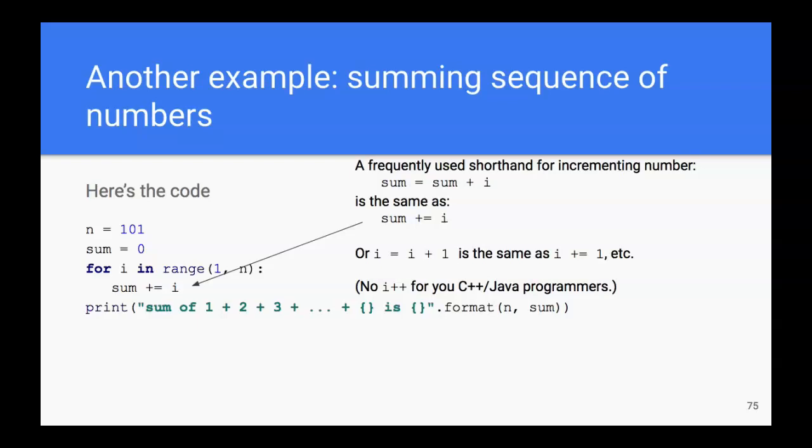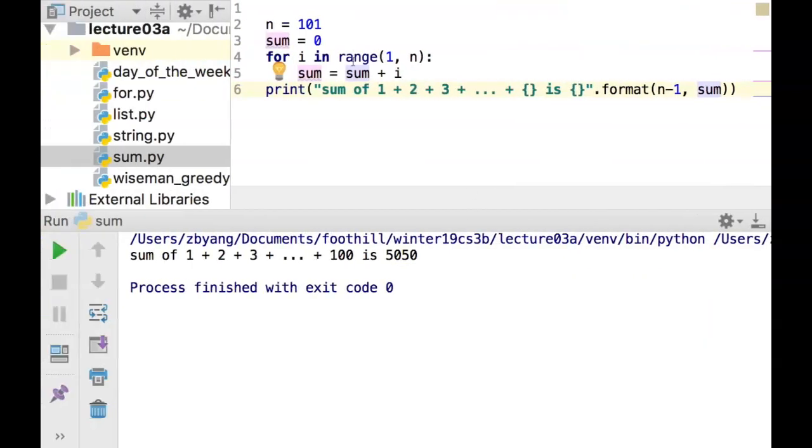One thing, this is actually a good place to introduce a very frequently used shorthand, and that is this particular expression. This is basically incrementing sum by I. And because it happens so much, there's a shorthand for it. So you can just do plus equals.